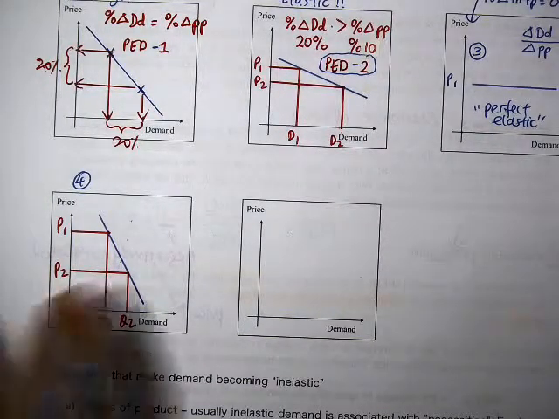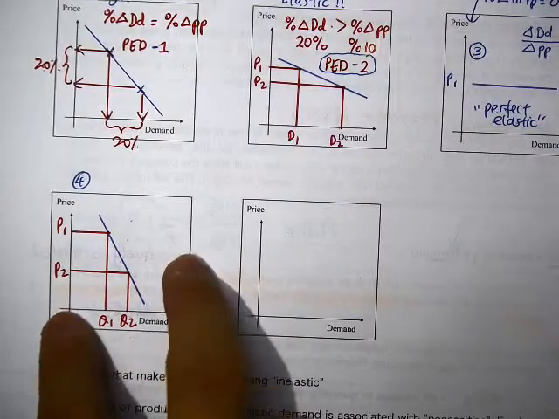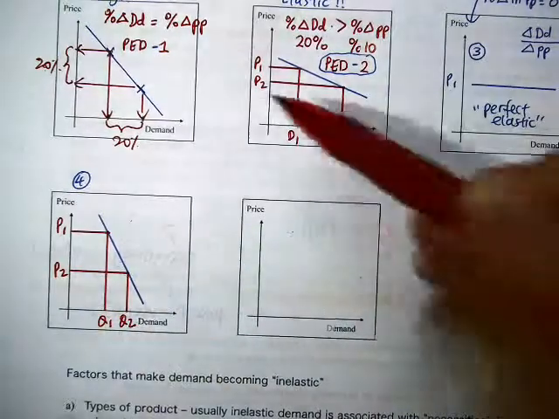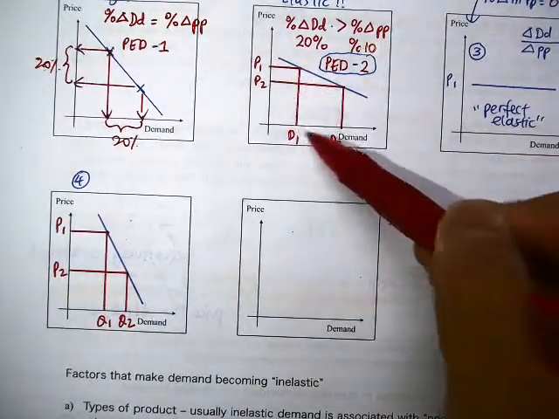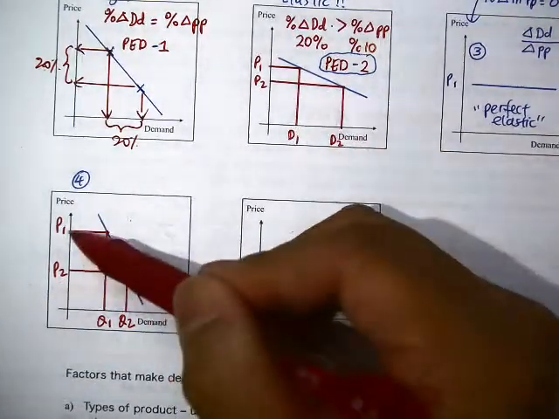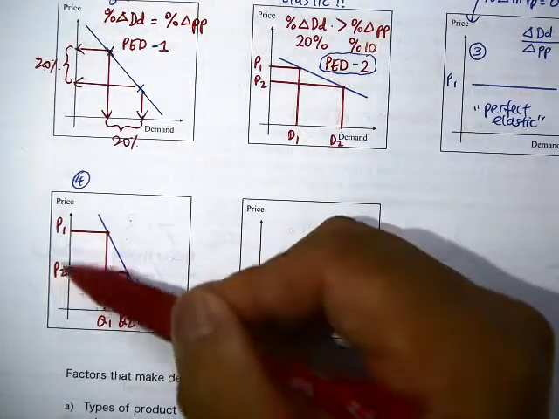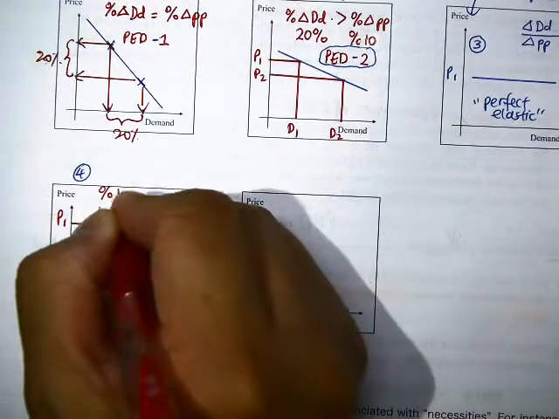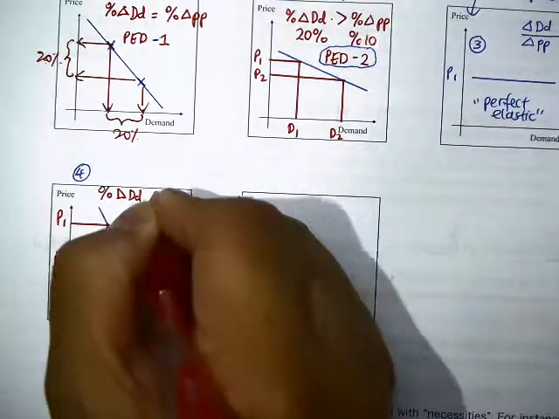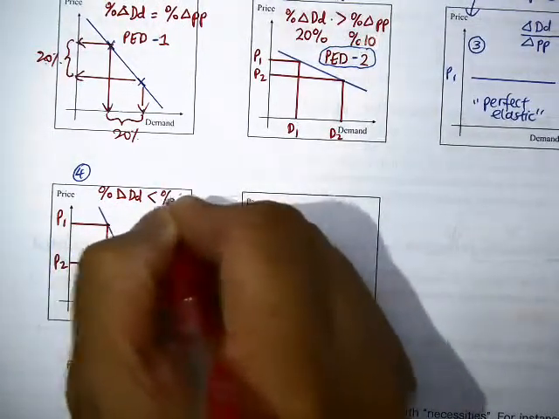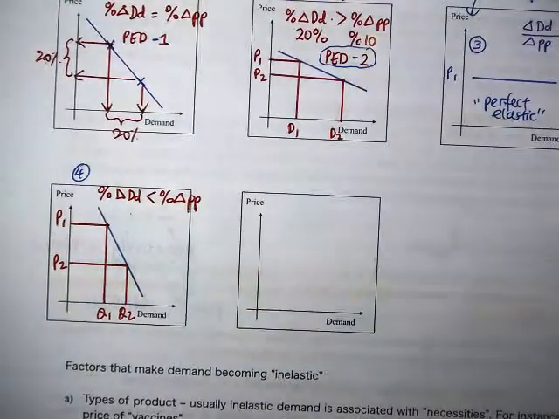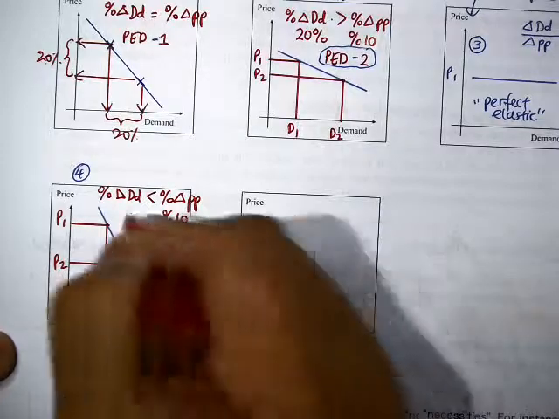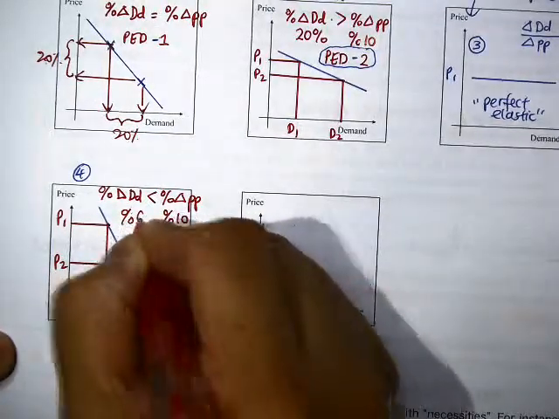Now you can see this diagram shows a complete opposite of diagram number 2. Just now, the price change was very small, the demand change very big. Now the demand change is very small, the price change is very big. So this is a situation where the percentage change in demand is less than the percentage change in price. For example, your price changed by 10%, demand only changed by 6.